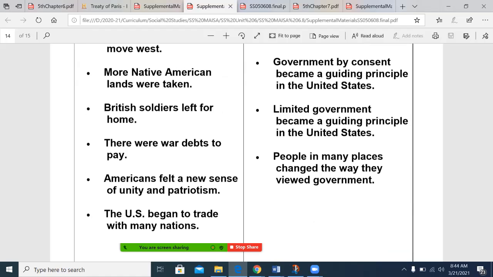There are some who want government to do nothing until they need something. And there are others who want government to be big enough to help people. Something that you'll have to look into as you become a voter and see where you're going to fit on that spectrum. And people in many places changed the way they viewed government.